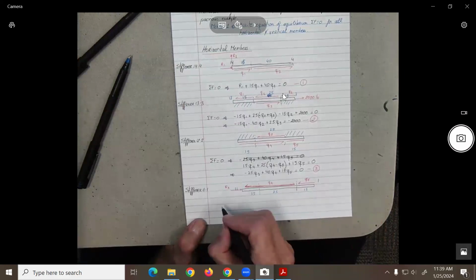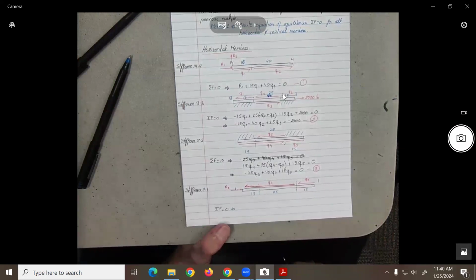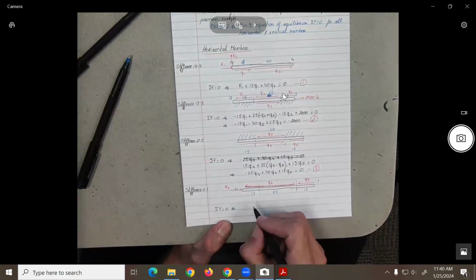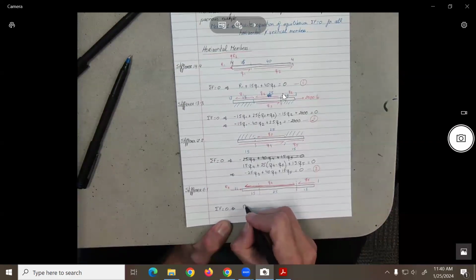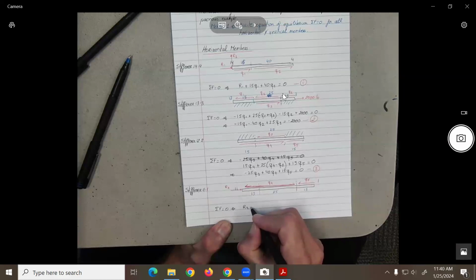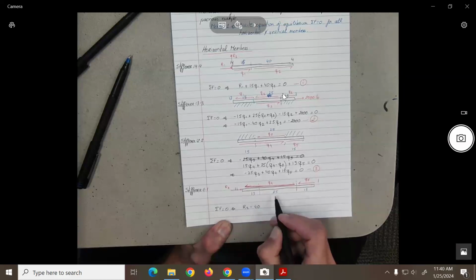So if I do summation of forces equal to 0, what do we have? We have R3 minus 40. Here I do 15 plus 25, 40.